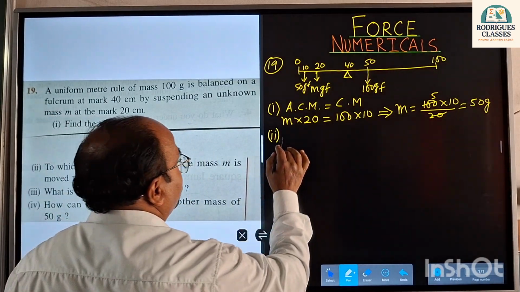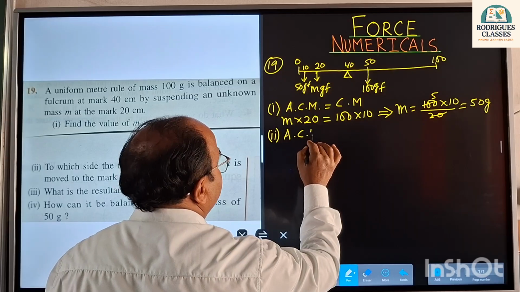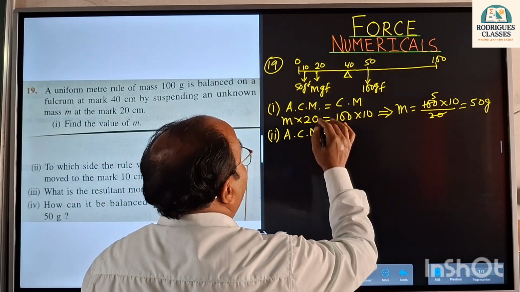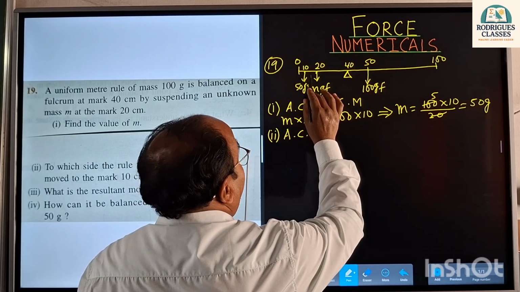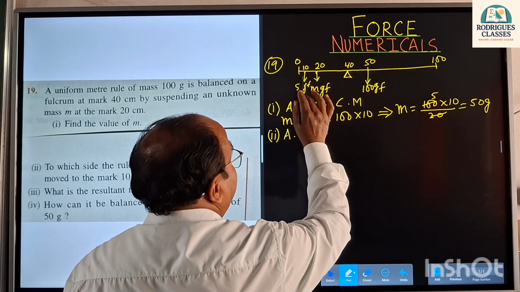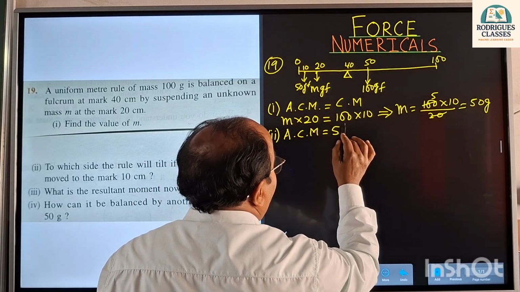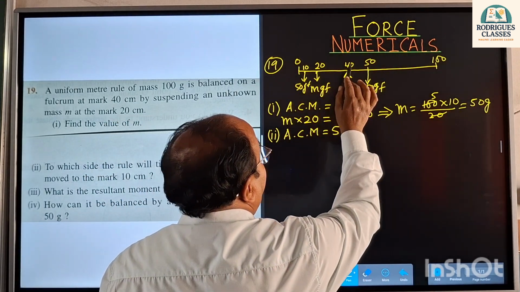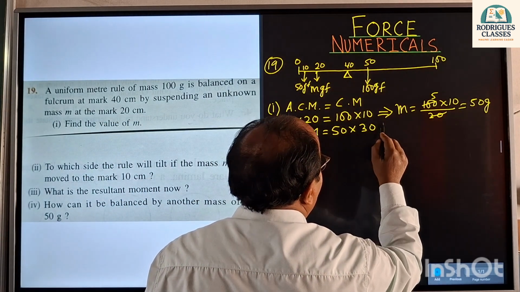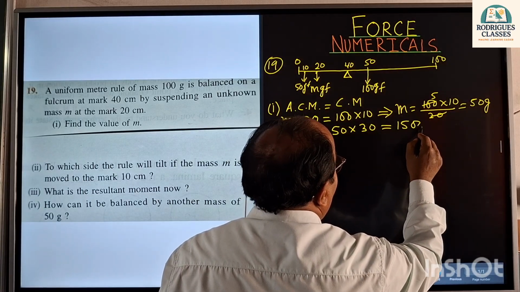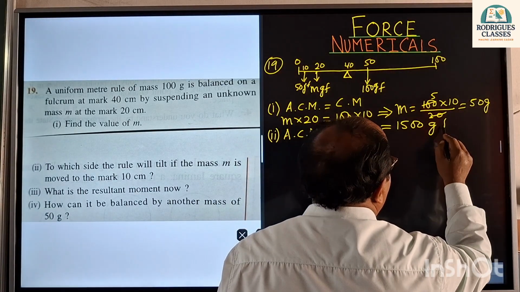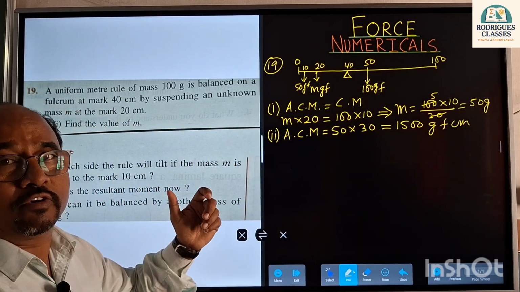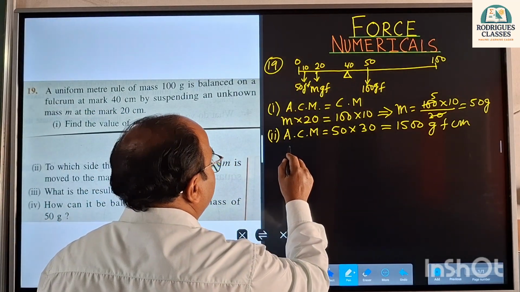I will first find the anti-clockwise moment. Now this is not at 20, this is at 10. So 50 is the mass we had got, so 50 gf is the weight. 10 to 40 is 30, so we get 1500 gf centimeter. So we know the anti-clockwise moment.